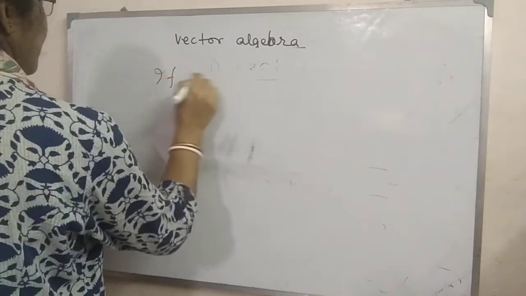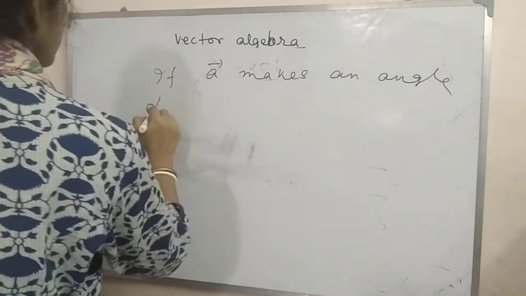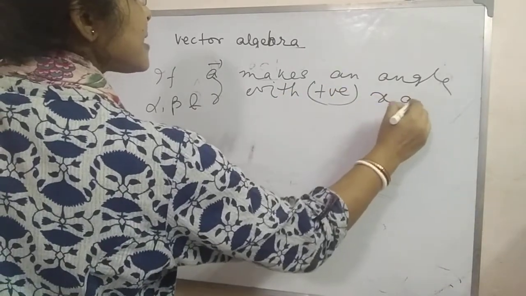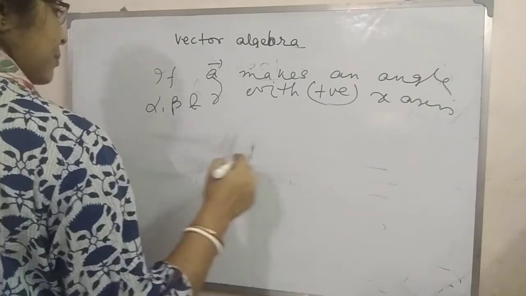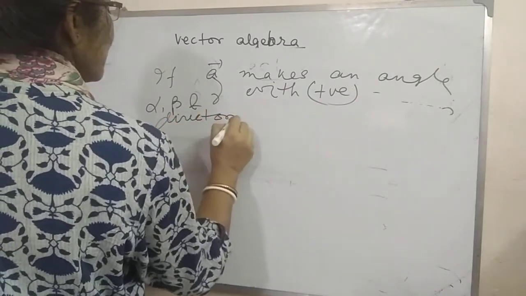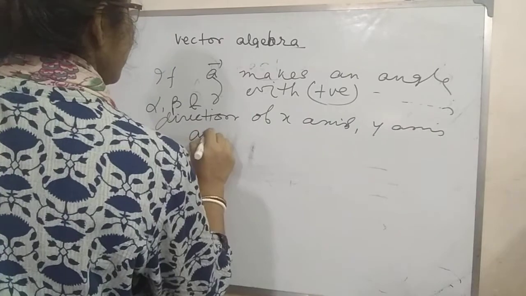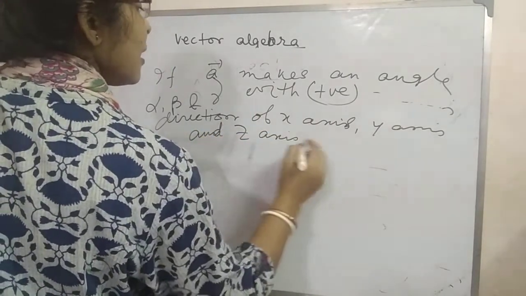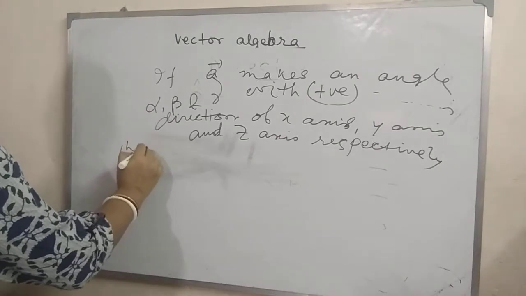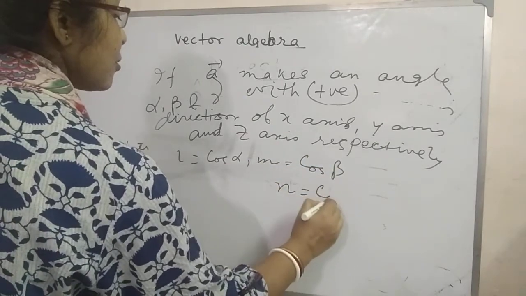If vector A makes angles alpha, beta and gamma with the positive direction of the x-axis, y-axis and z-axis respectively, then L equals cos alpha, M equals cos beta and N equals cos gamma.